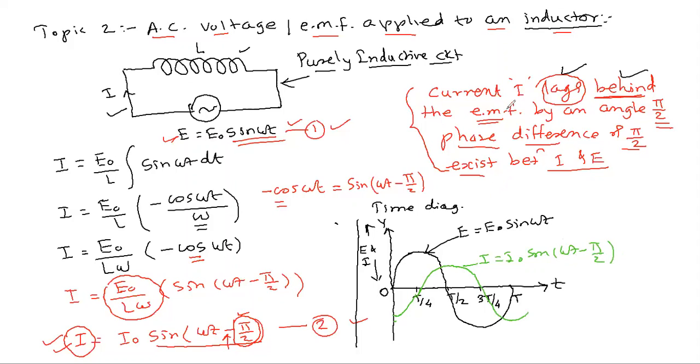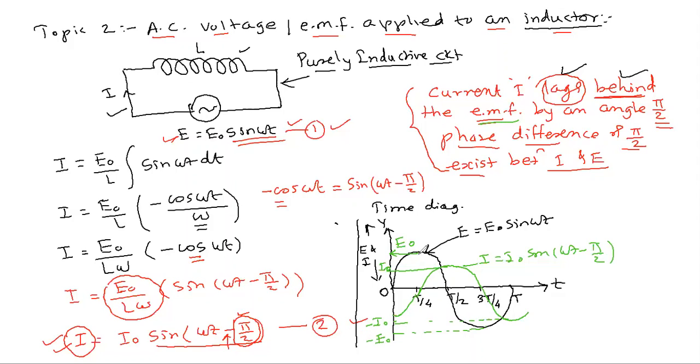So the current is lagging behind the EMF, which I represent in this time diagram. This value is the peak value of the EMF, and this value is the peak value of the current. Similarly, here also, these are the respective peak values.